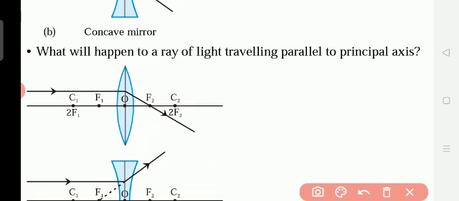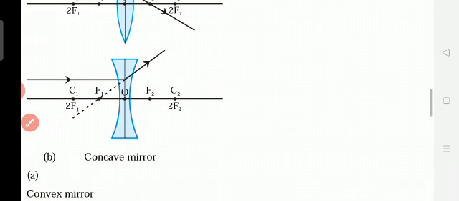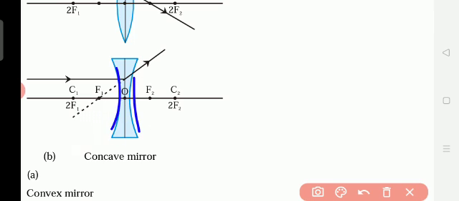Always observe this one in the convex lens, bulging outside. When the ray is coming this side and bending, it always meets at some point. But in the case of a concave lens, it will be bending and diverging.